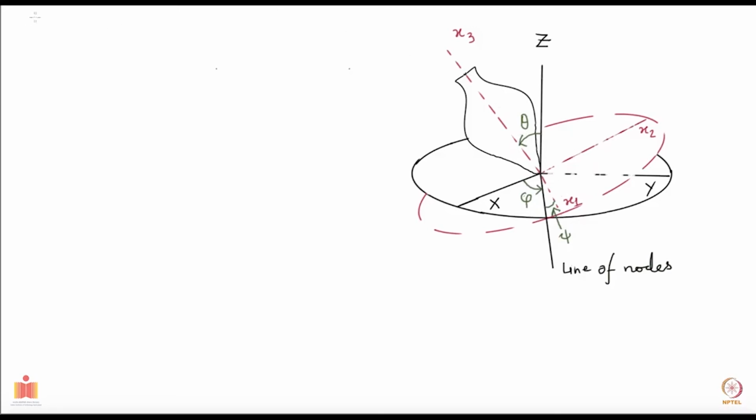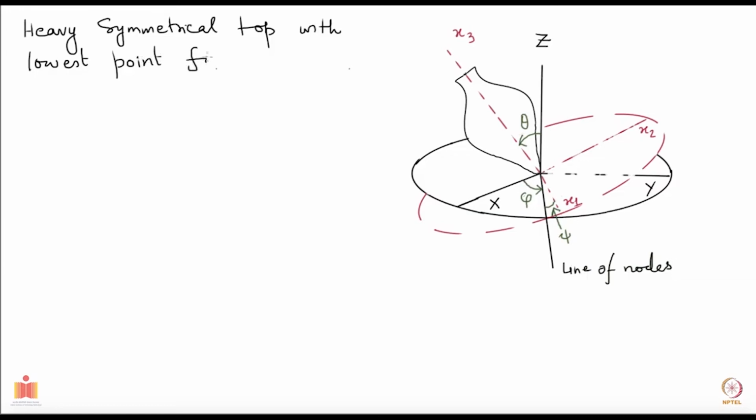So we want to look at a heavy symmetrical top with lowest point fixed. Okay, we have all the ingredients ready for us. We have already done everything that we need to analyze this motion.